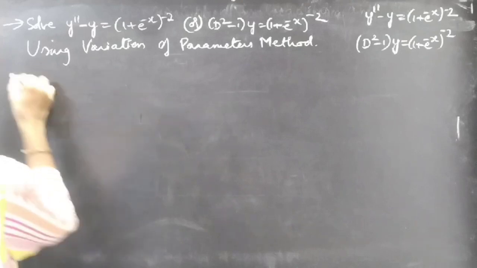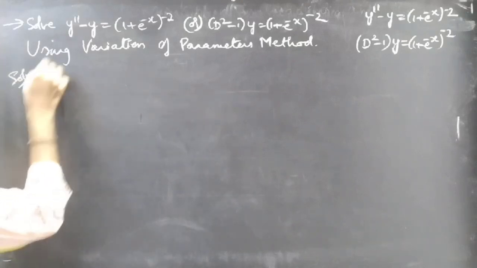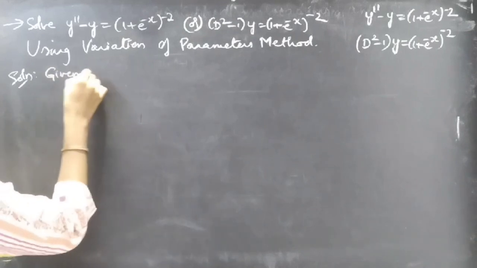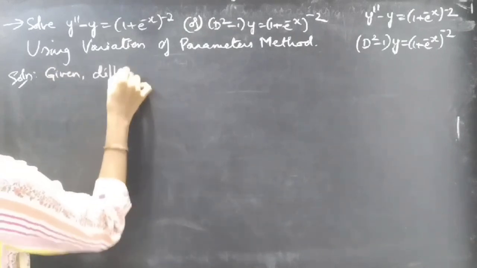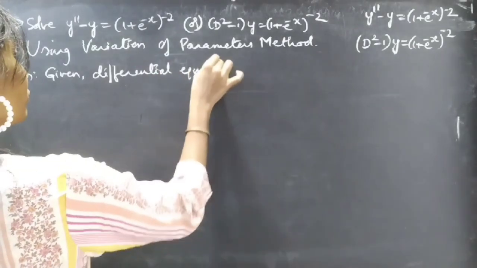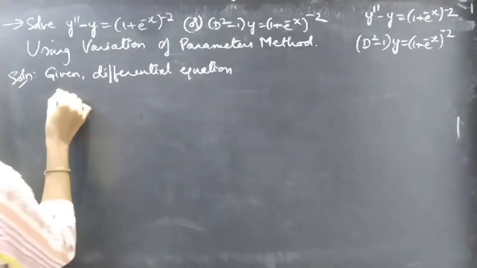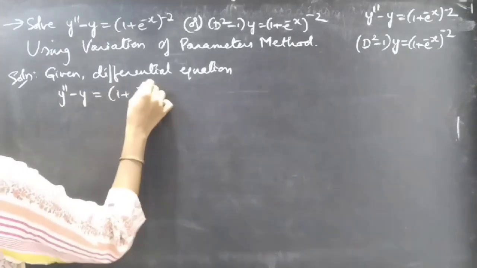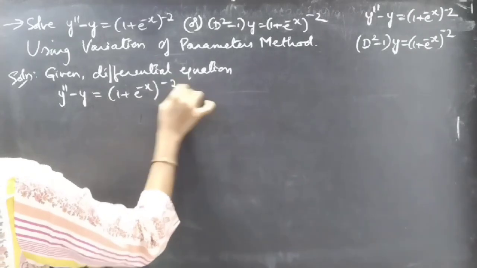So let's see. We are given a differential equation of order 2. Given differential equation, y double dash minus y equal to (1 plus e power minus x) power minus 2.